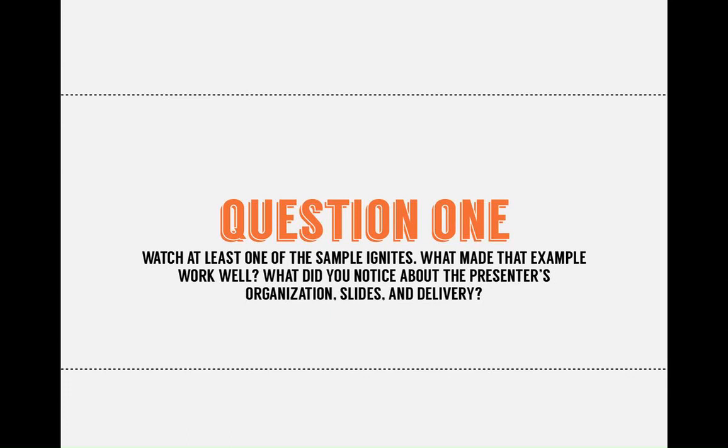So if you go under the materials, you'll see how to buy a car, Jane, the concussion slayer, and then a campus Ignite, that's Chris's How to Love Like Plants, and then the online Ignite, which is Do What You Love, all right? So check those out, and then your first question is to tell us what made that example work so well.